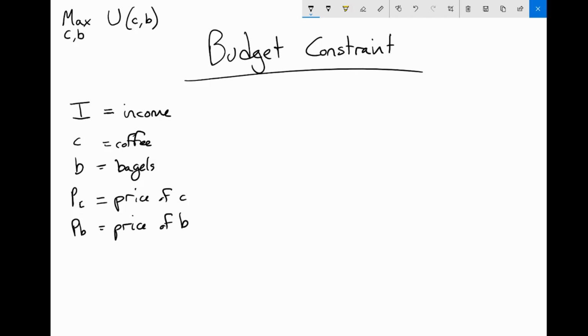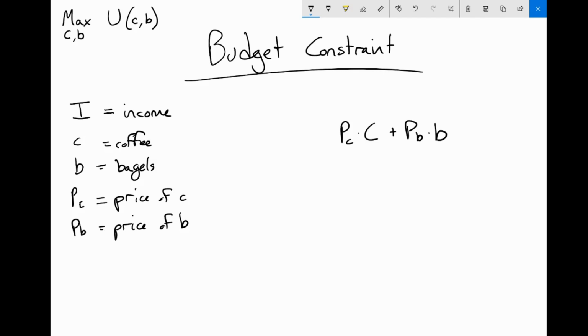Okay, so with these terms defined, then we would know what their constraint is. Well, they cannot spend more money than they have on coffee and bagels. So how much money would I spend on coffee and bagels? Well, it would be the price of coffee times the number of cups that I buy, plus the price of bagels times the number of bagels that I buy.